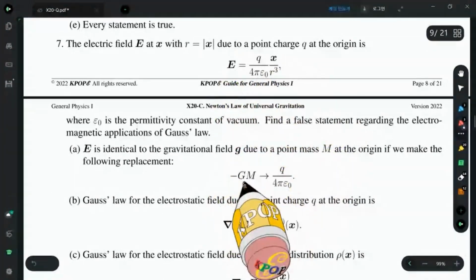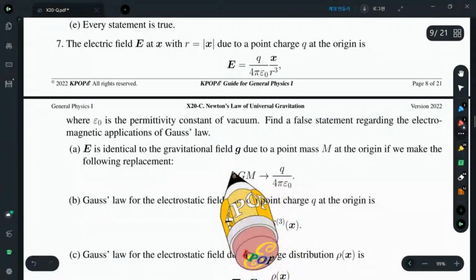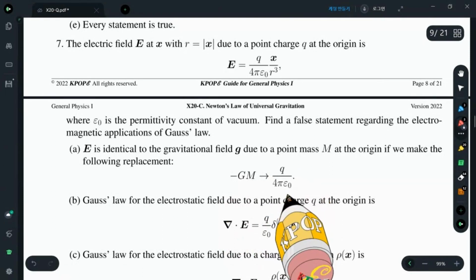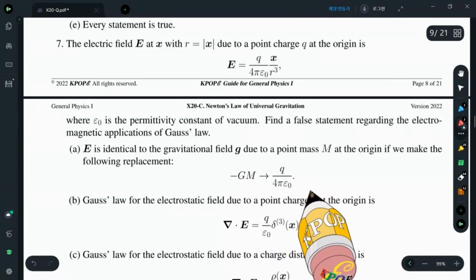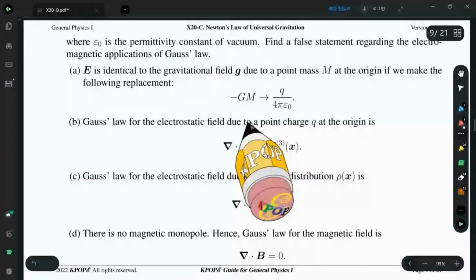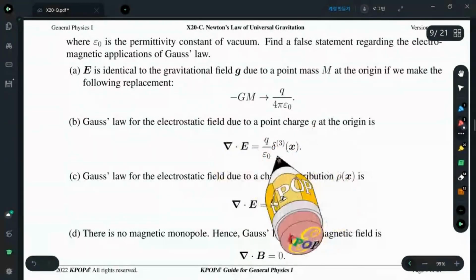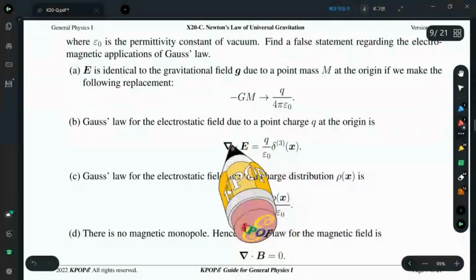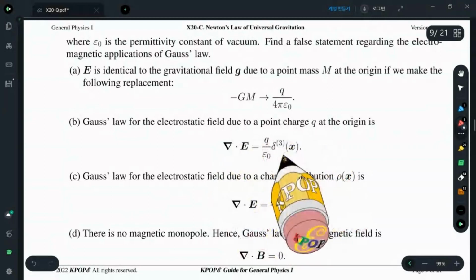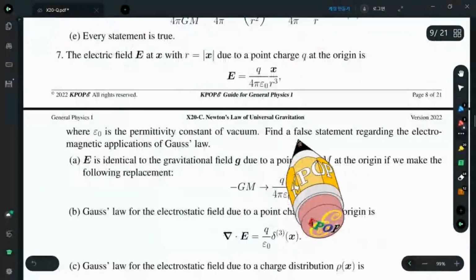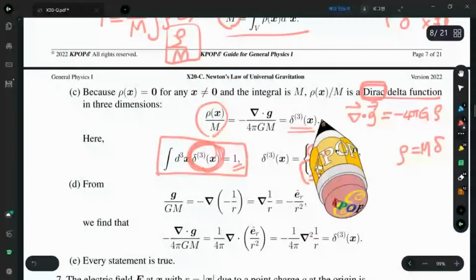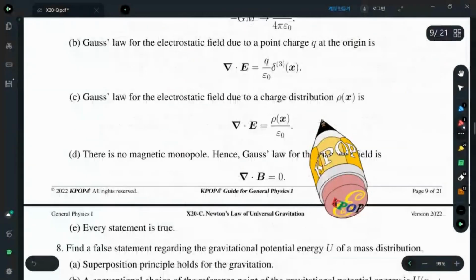When you replace this overall coefficient minus Gm with the electric charge Q divided by 4 pi epsilon 0, what you obtain for the point charge at the origin is that the electric field divergence is the same as the delta function, just what you have done with the point mass at the origin for the gravitational case.